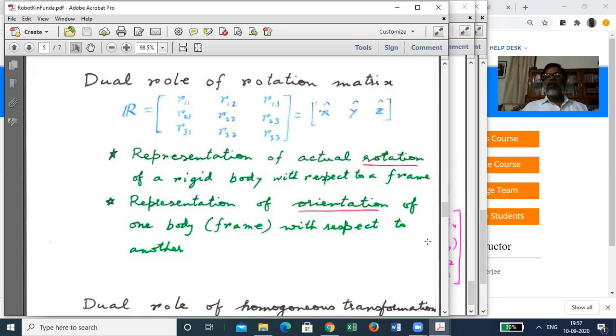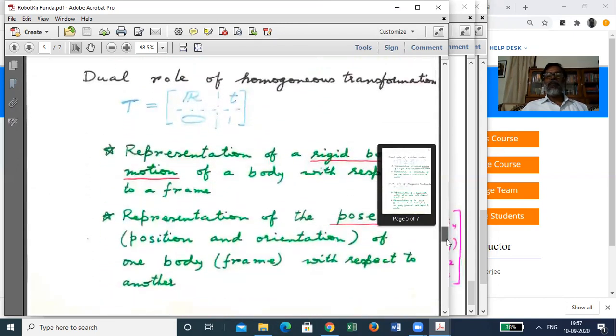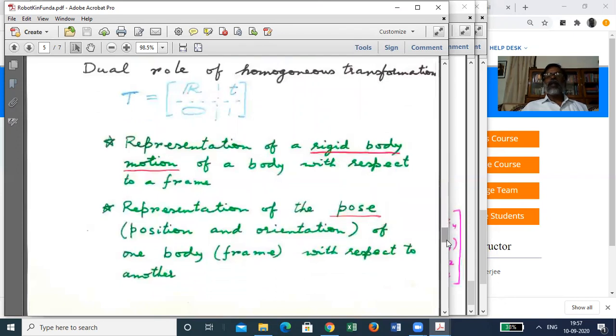A similar dual role is played by the 4x4 transformation matrix involving position and orientation. It can represent an actual rigid body motion, which is a dynamic event of a body with respect to a frame. It can also represent the existing position and orientation of a rigid body with respect to another rigid body.